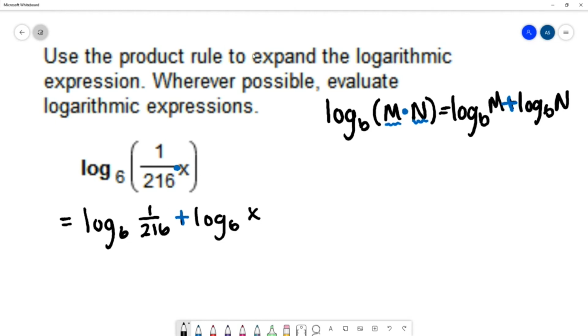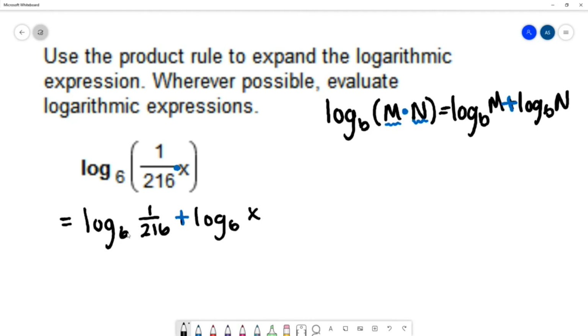Now we have expanded using the product rule, but this second sentence says, whenever possible, evaluate the logarithmic expression. So this first log is log of a number, and I want to try to simplify that.